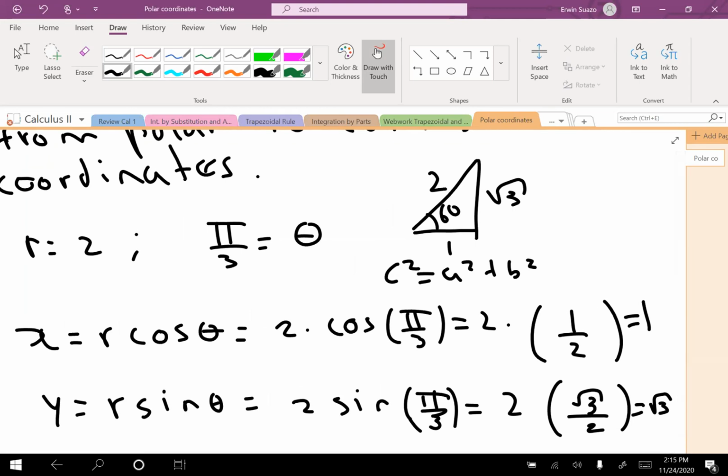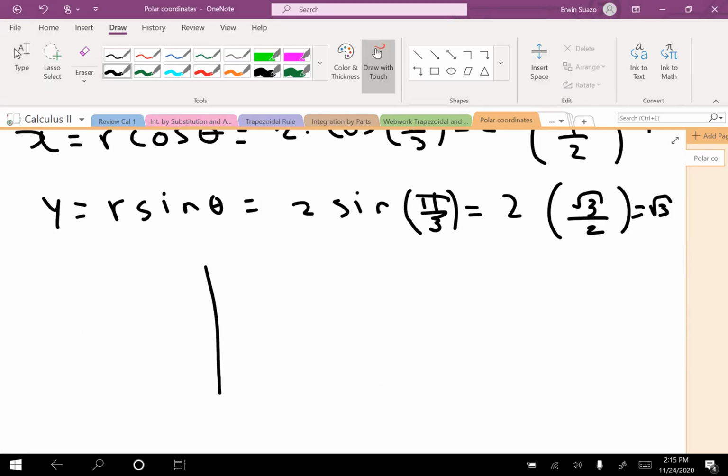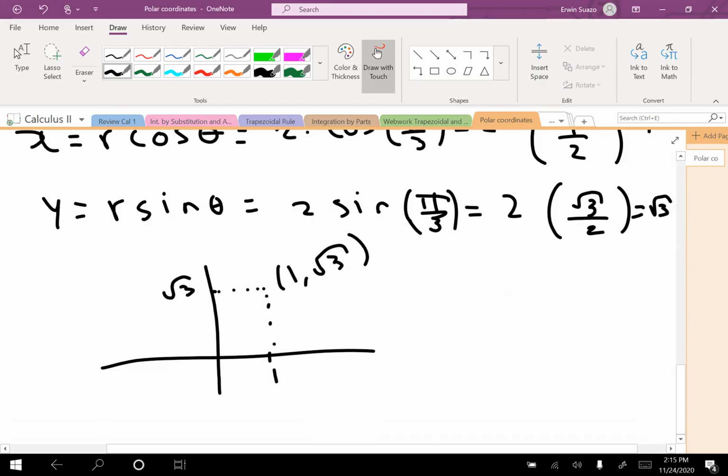Okay, so in rectangular coordinates the point is x equals 1, y equals square root 3. So this is 1, square root of 3. But in the other coordinates, this was 2, and the angle was pi thirds. So basically, you need to make a triangle to figure out the corresponding point.